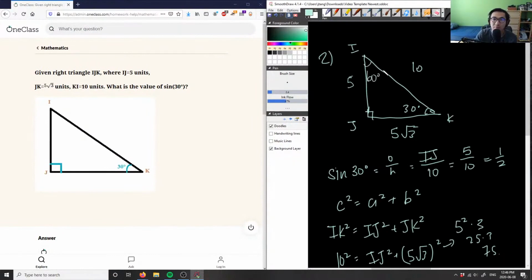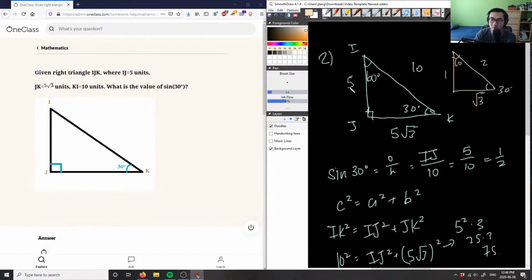If we know our 30-60-90 triangle, and we have 10 and 5 root 3 here, we have to know that this is a 5, because if you look at our special triangle initially, if this was the 60 angle and this was the 30 angle, this would be a 2, root 3, and 1 triangle. So that's going to be our special triangle for this.